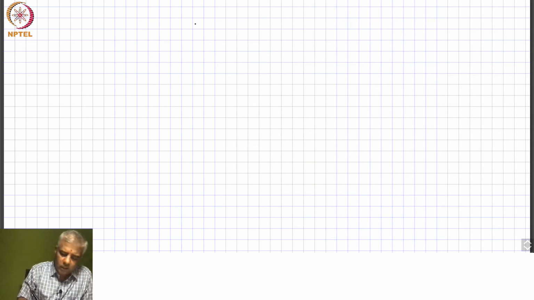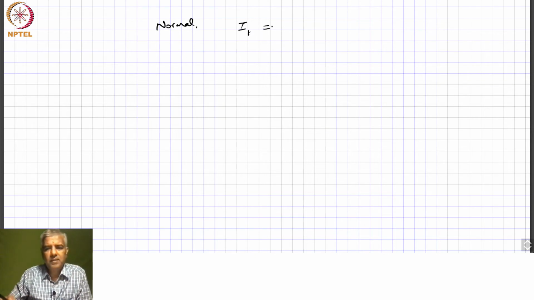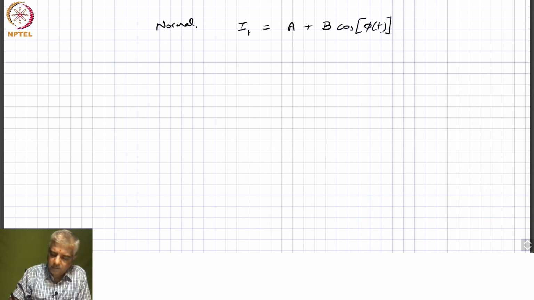What we are talking about is, in a normal case, without this phase generated carrier, we are looking at total intensity which has some DC component, let us say A, and then you have some B times cos of phi of t, right.